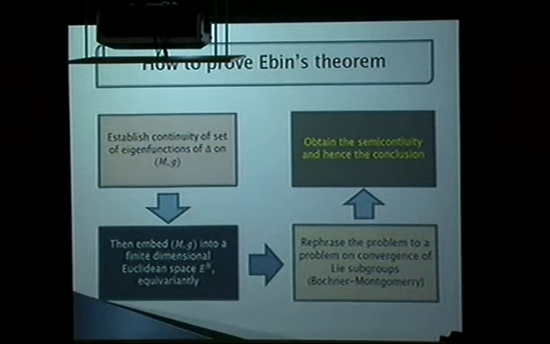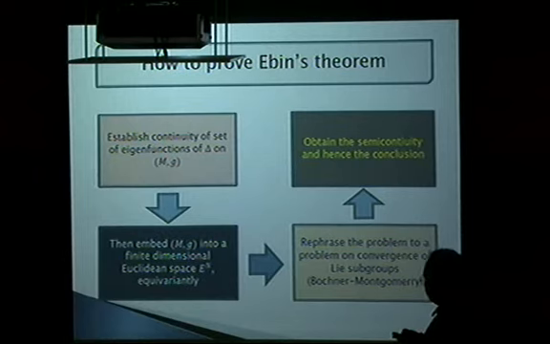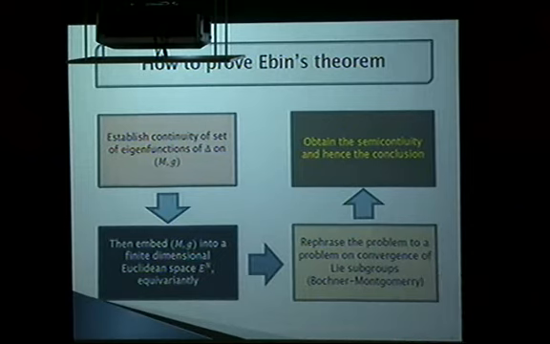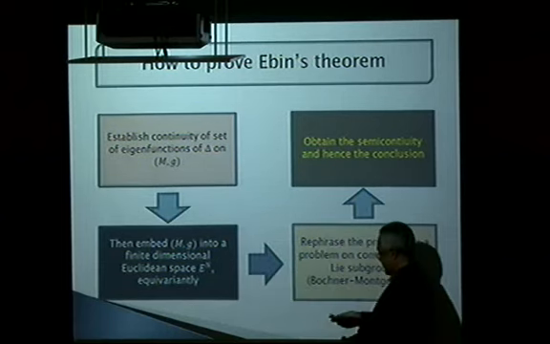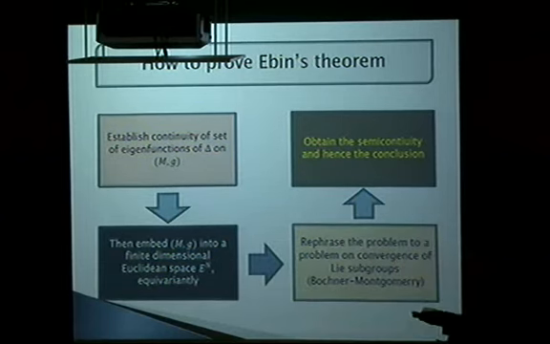And this embedding is interesting in the sense that isometries of M preserve eigenfunctions of the Laplacian. And so isometries can be realized as a subgroup of the orthogonal group of E^n, because each basis changes under isometries, but they are preserved in that sense.